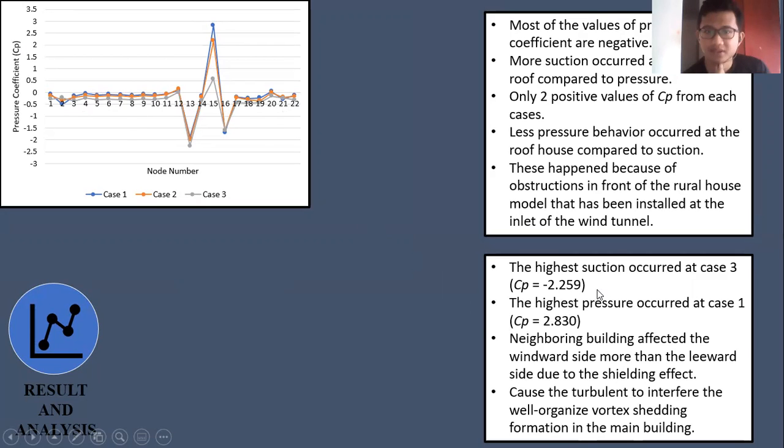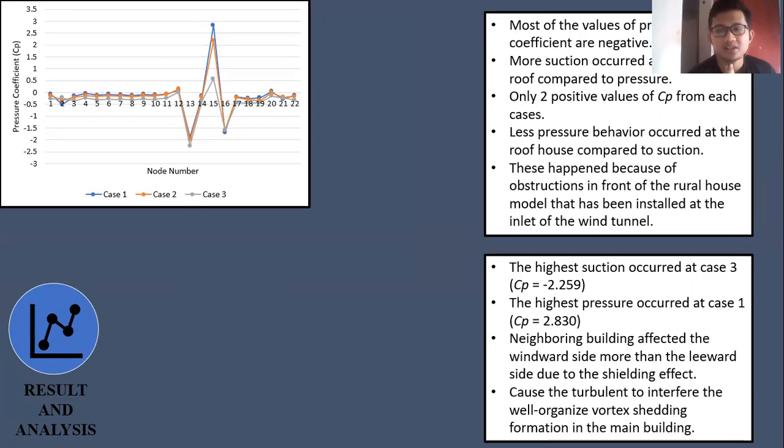From the graph, we can see that the highest suction occurred at case 3 with CP of negative 2.259. The highest pressure occurred at case 1 with CP 2.83.